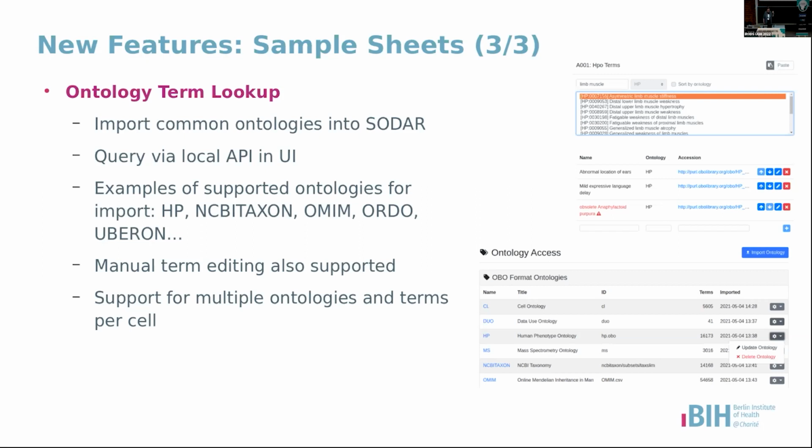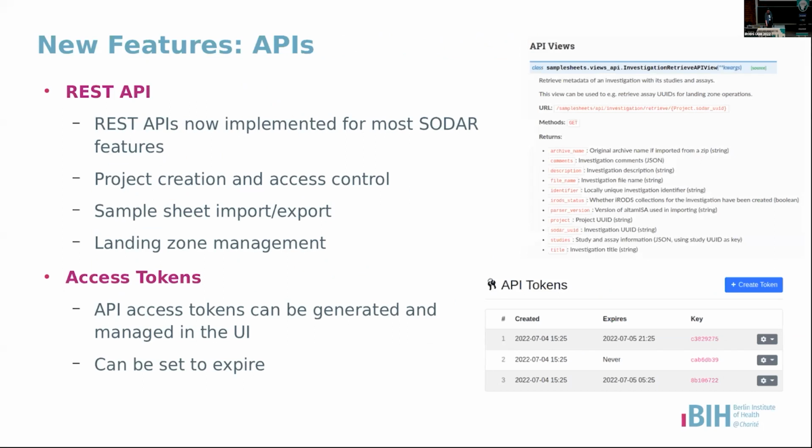We support pretty much everything in the OBO format and some others which are in different formats. But you can also just add manual terms if you don't want to import your ontologies, that's also fine. And we support multiple ontologies and terms per cell, which is our extension to the ISA-Tab, so to speak.